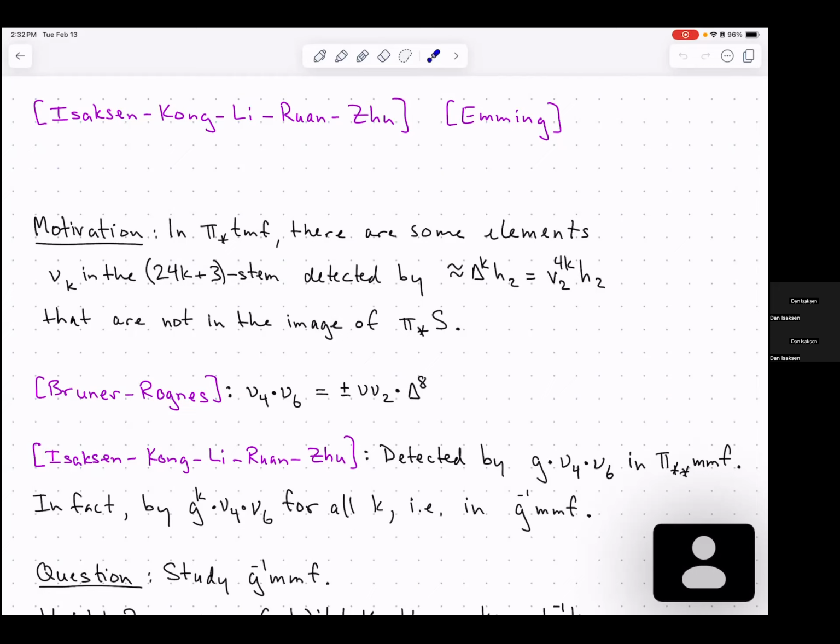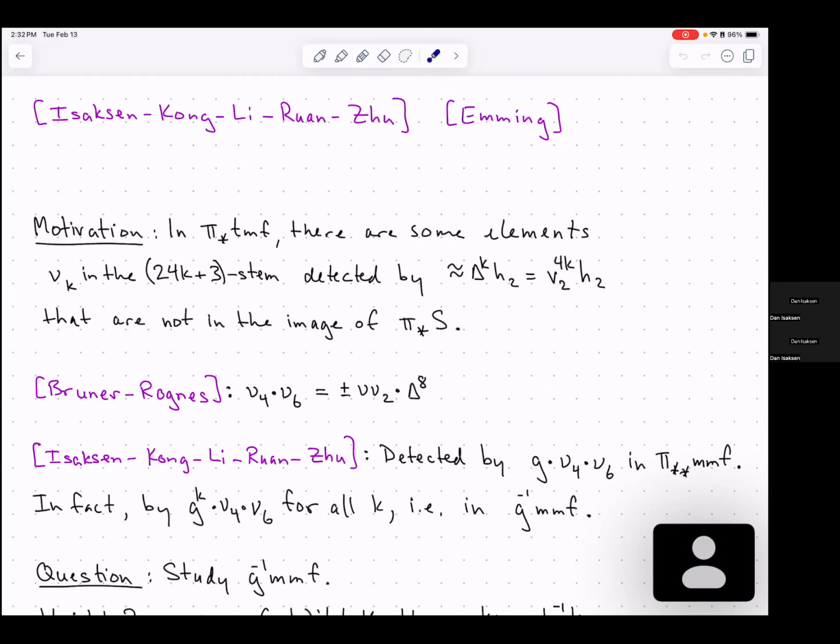Bruner-Rognes, amongst many other things, computed the entire product structure for the homotopy of TMF. And they got nu 4 times nu 6, where nu 4 is in the 99 stem and nu 6 is in the 147 stem.